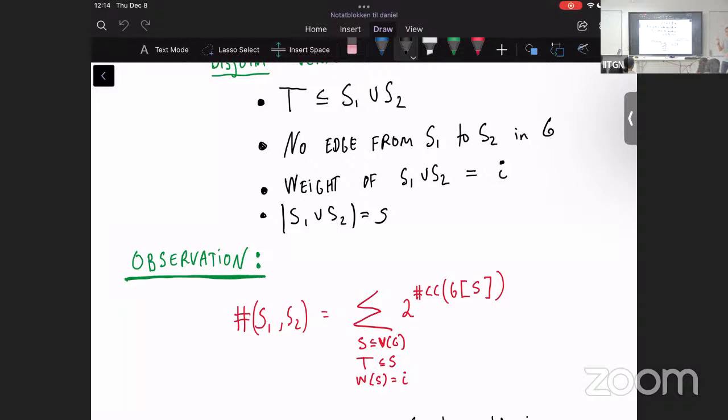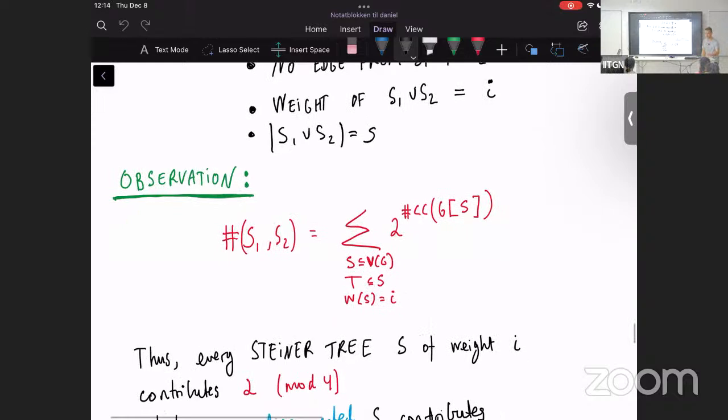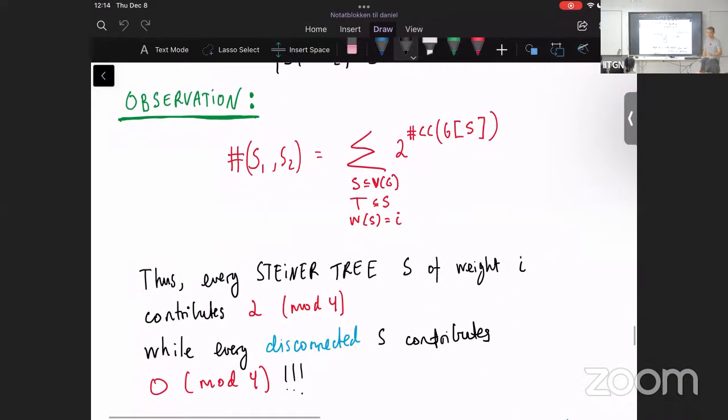So every Steiner tree will contribute 2 pairs, S comma empty set and empty set comma S. Yes, these are ordered pairs. Everything that is not a Steiner tree will contribute a multiple of 4. 2 to the 2 is 4, 2 to the 3 is 4 times something, also known as 2.